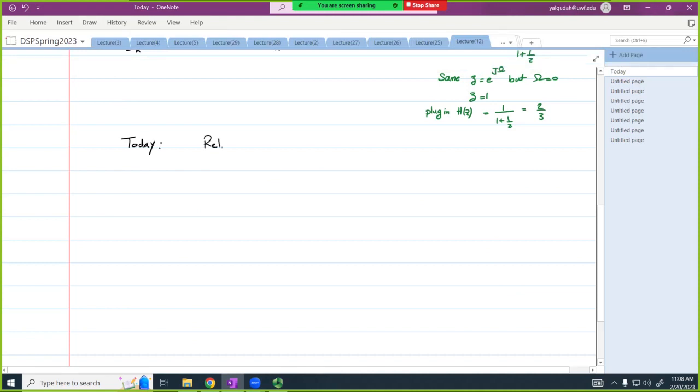We're going to look at the relationship between z transform and difference equation.